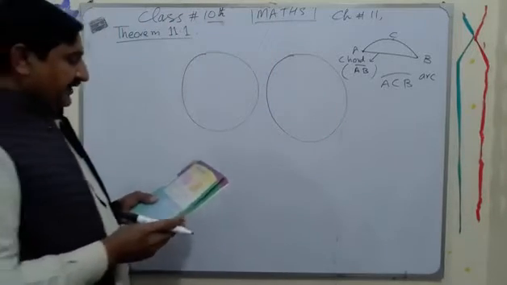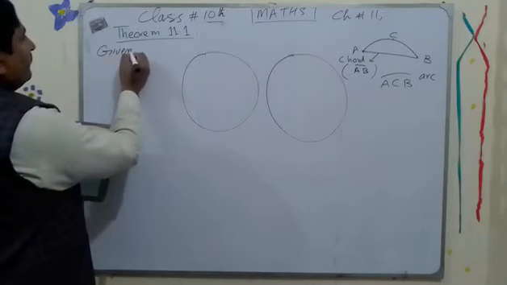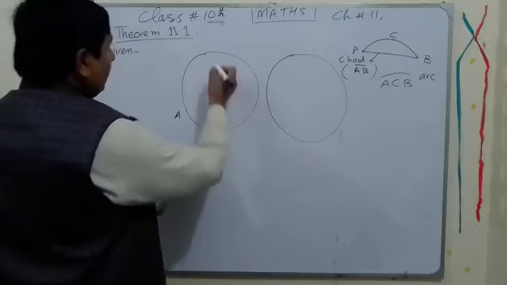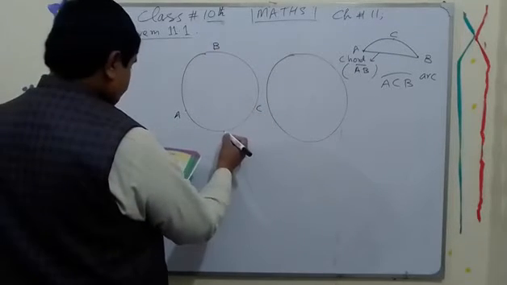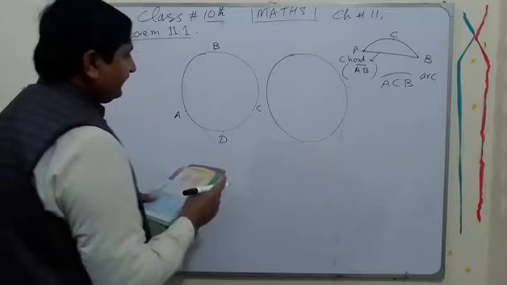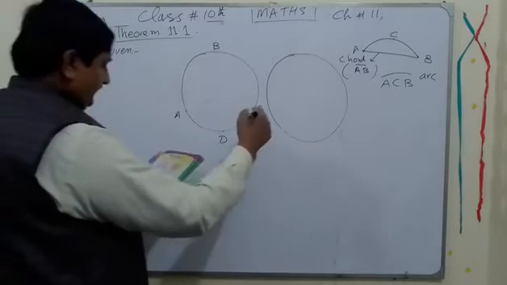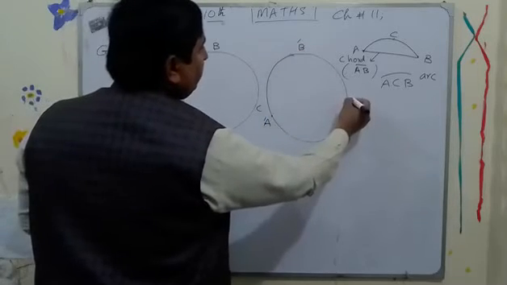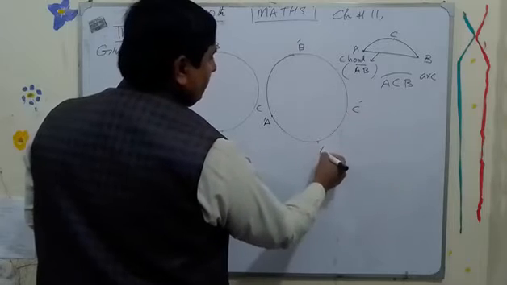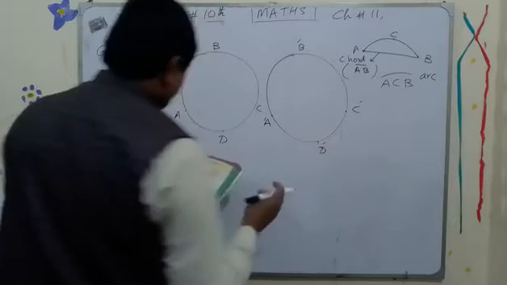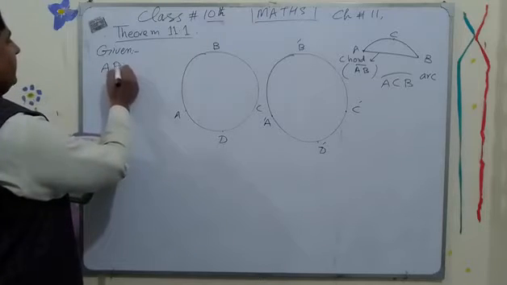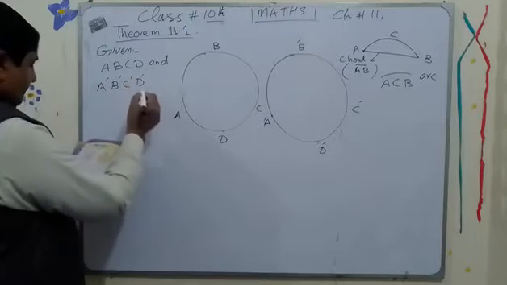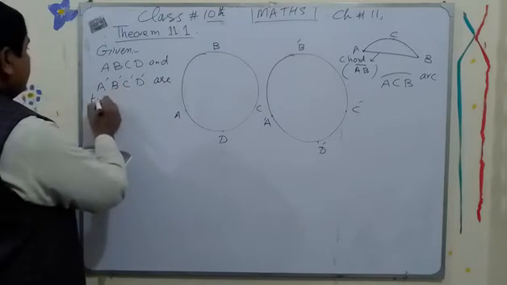Fine. So what we have given in this theorem: we have two circles, ABCD and A prime, B prime, C prime, D prime, right? We have given two circles ABCD and A prime B prime C prime D prime that are two congruent circles, right?